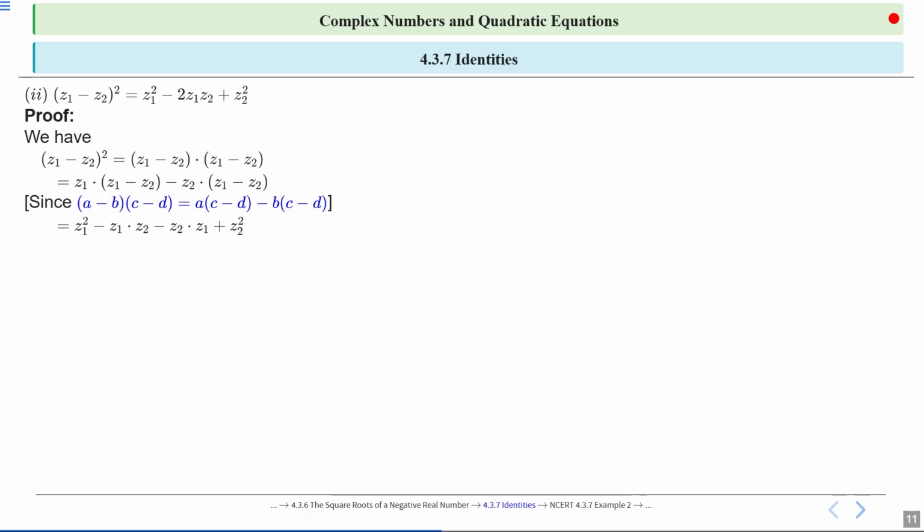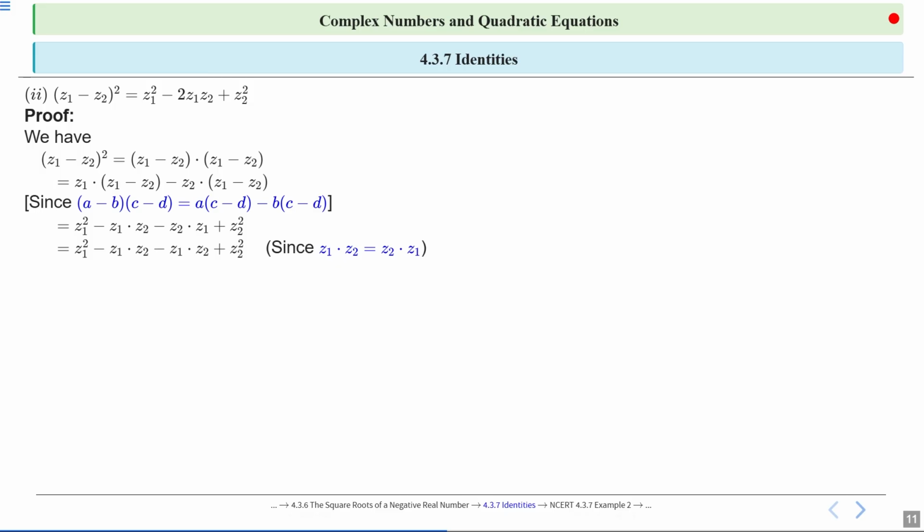Let's distribute each term and we obtain z1 square minus z1 times z2 minus z2 times z1 plus z2 square. And here multiplication of complex numbers is commutative, so z1 times z2 equals z2 times z1.